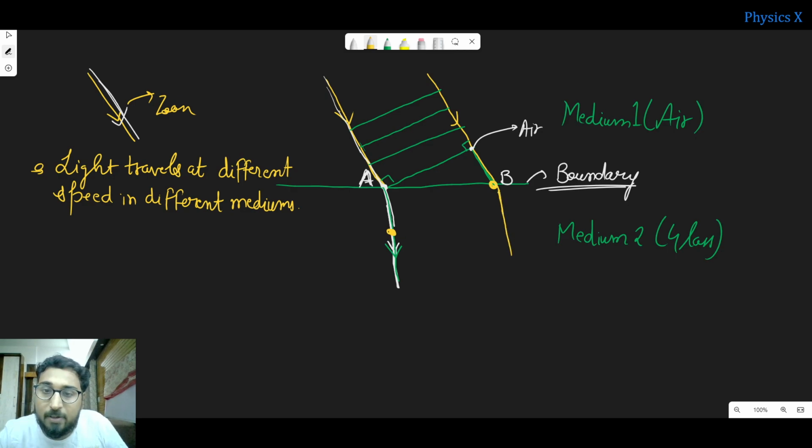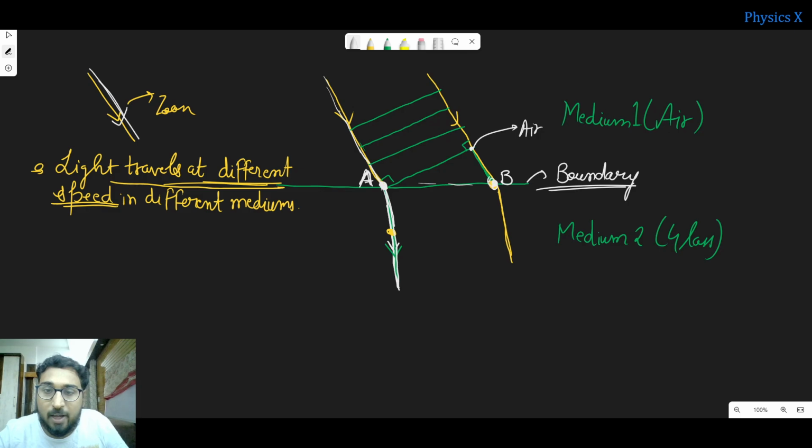Due to the different speeds, this end will come out first. The ray of light will reach point A first, and after some time this part of the ray will reach point B. At this point they both experience a change in speed.